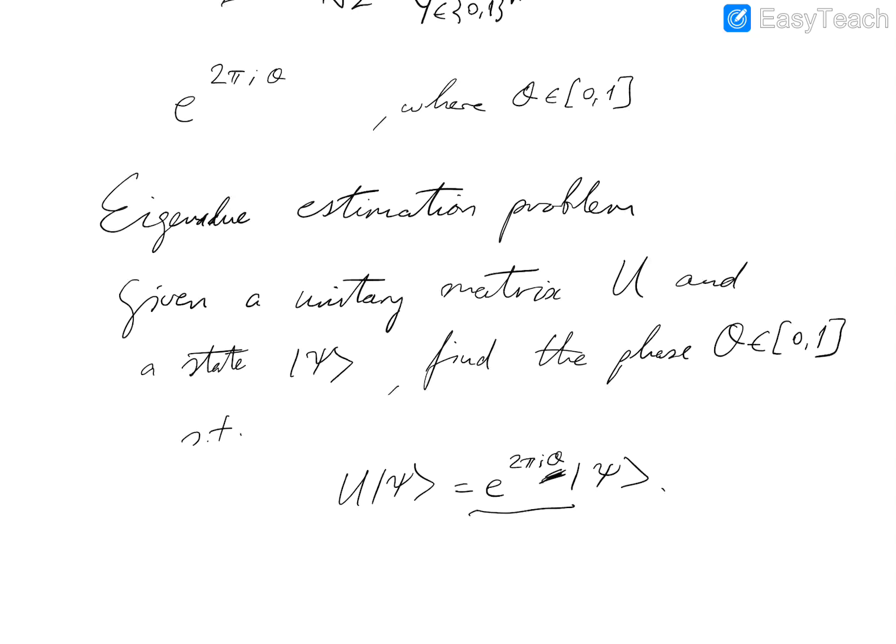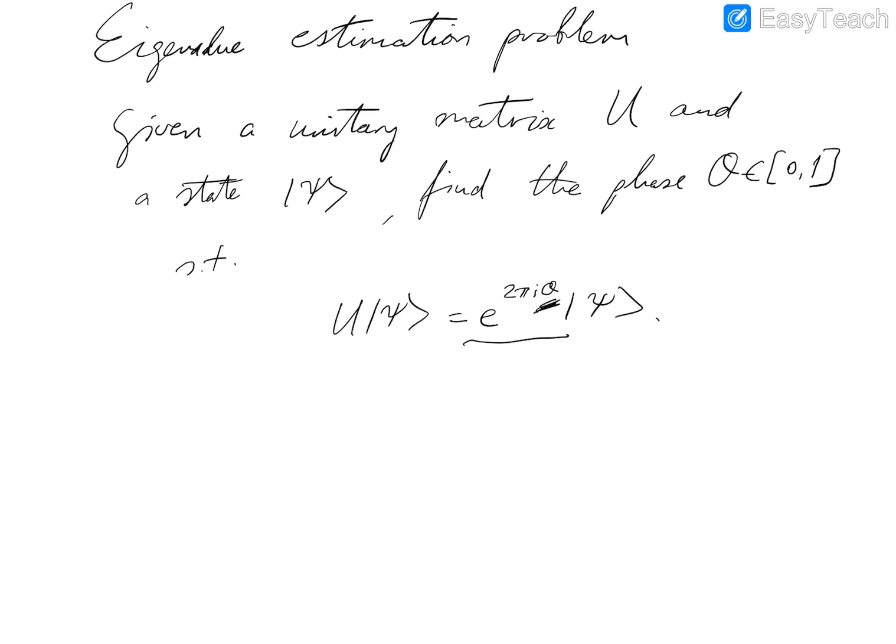Okay, so let me give the circuit diagram outright. It's a circuit diagram for the phase estimation algorithm, and let's comment over it as we go. The phase estimation circuit starts with initializing the first register to all zeros. We have 2 registers in total.